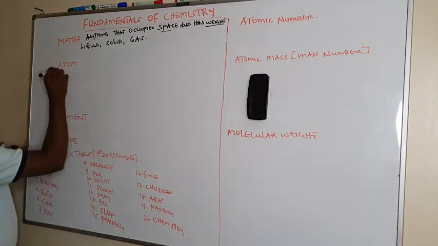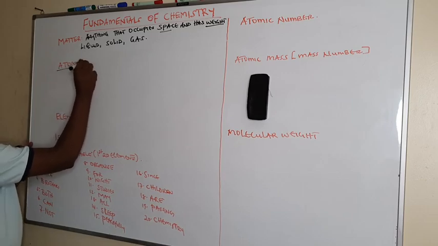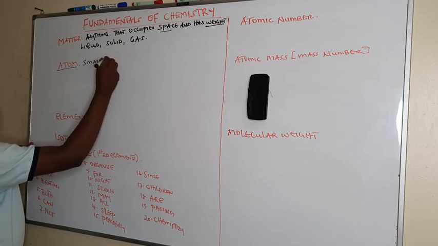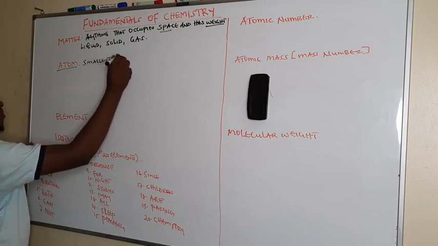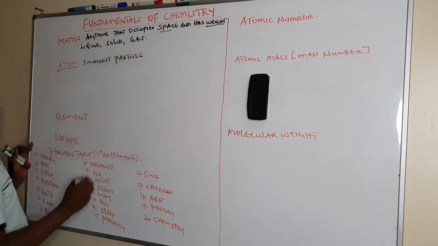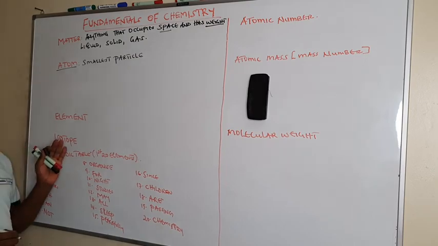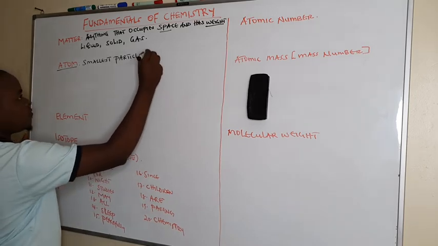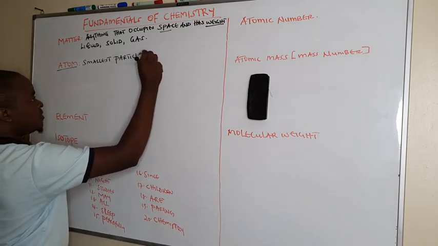Then an atom is the smallest indivisible particle. It is the smallest particle. And this smallest indivisible particle is made up of a nucleus.